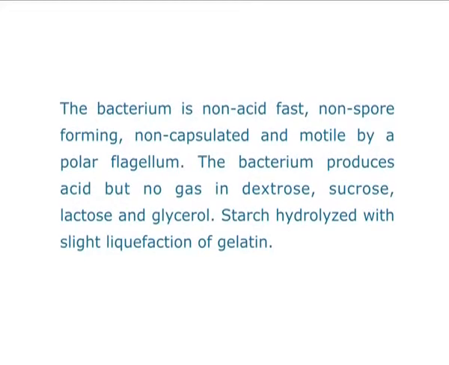The bacterium is non-acid fast, non-spore forming, non-capsulated and motile by a polar flagellum. The bacterium produces acid but no gas in dextrose, sucrose, lactose and glycerol. Starch hydrolyzed with slight liquefaction of gelatin. This is about the character of this pathogen.